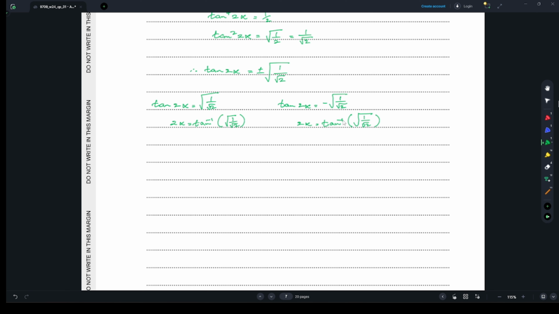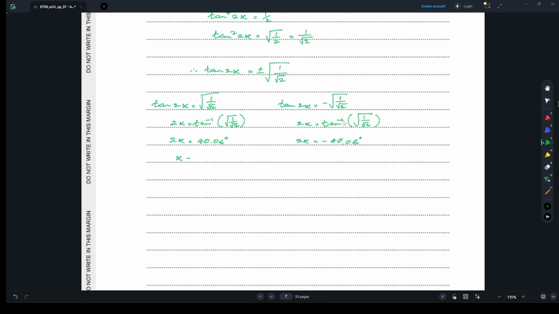Okay, so then by using the calculator, you will receive alpha equals 40.06 degrees, and the other one 2 alpha equals minus 40.06.